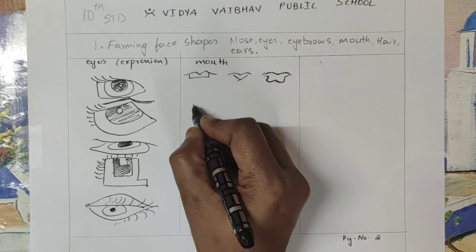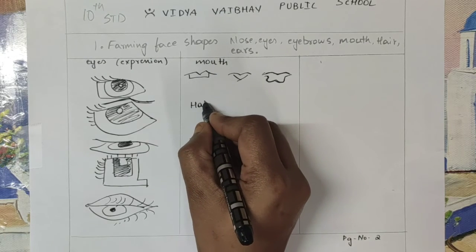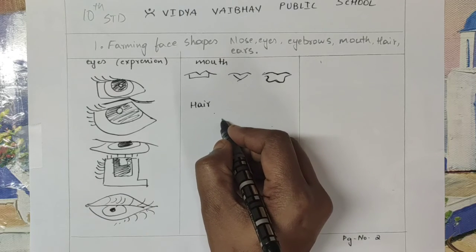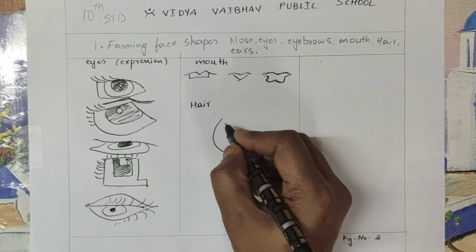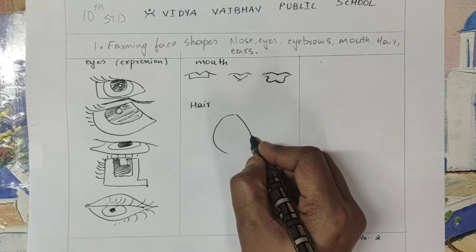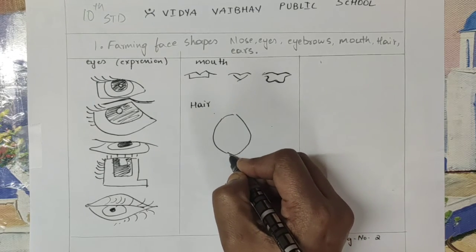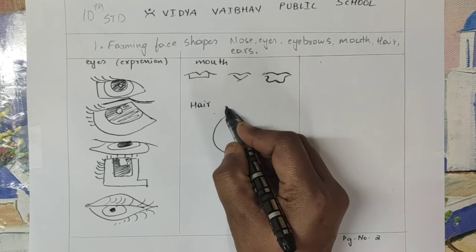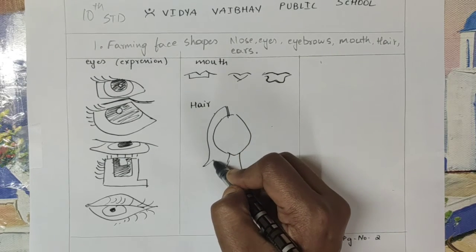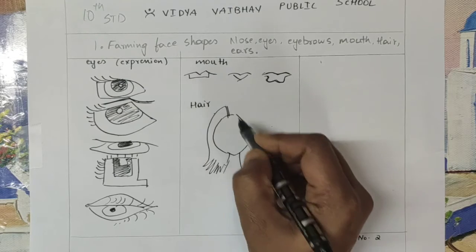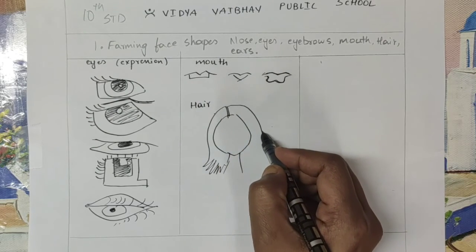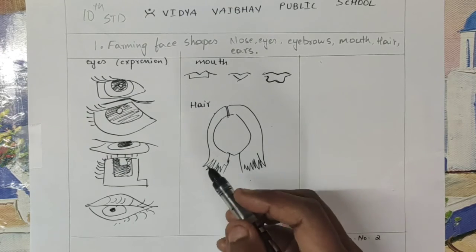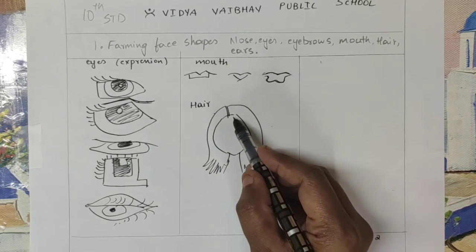And the next we'll go for the hair. See, we already learned the face shape, right? For this face shape you can give a simple and light stroke following the shape you are seeing in the picture.